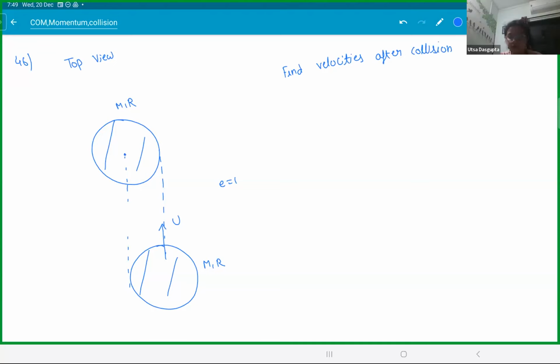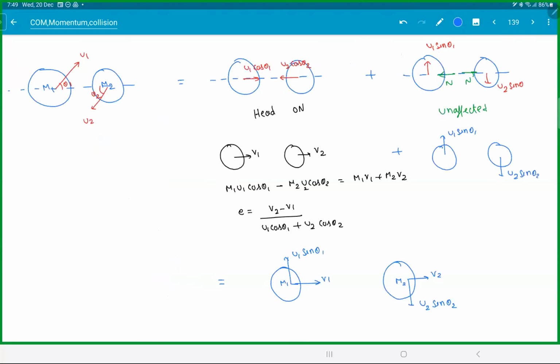Initially this is at rest. So can you go to the previous page for a second?